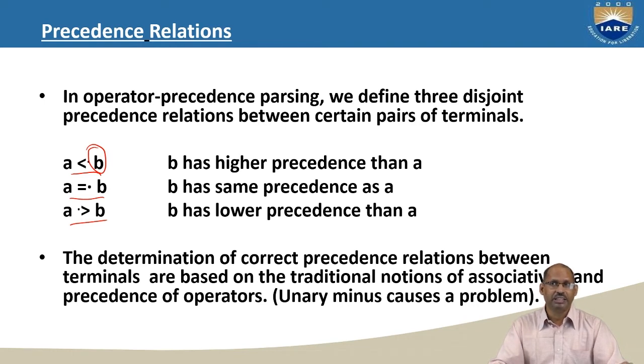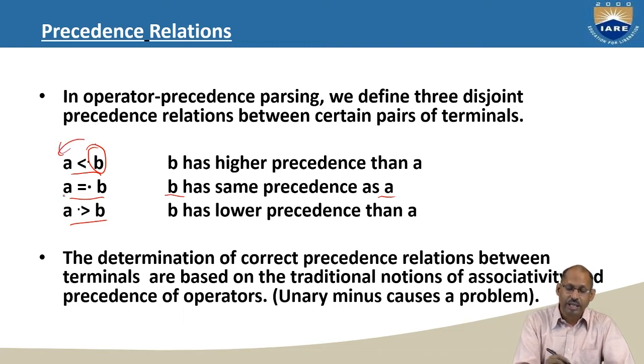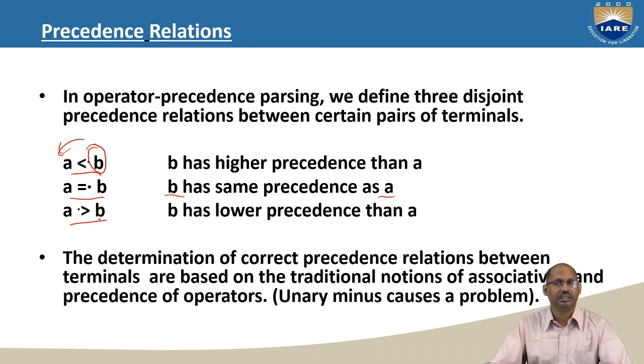B has higher precedence than A, B has the same precedence as A, and B has lower precedence than A. We use three operator precedence relation symbols: less than, equal to, and greater than. A less than B means B has higher precedence than A, A equal to B means the same, and A greater than B means B has lower precedence than A.